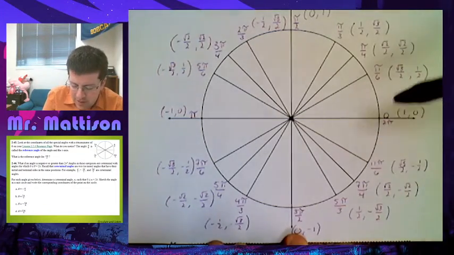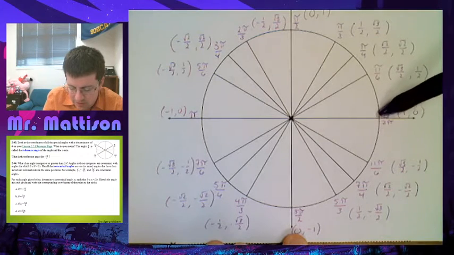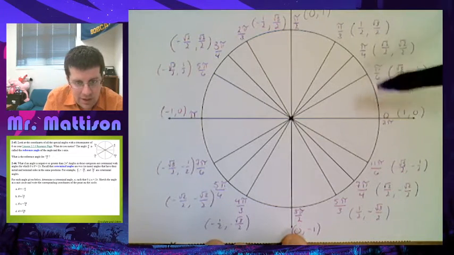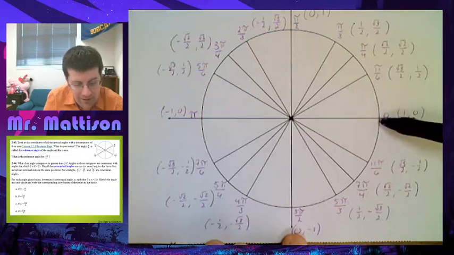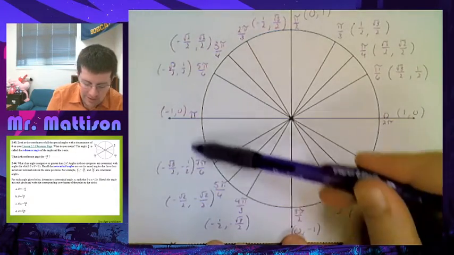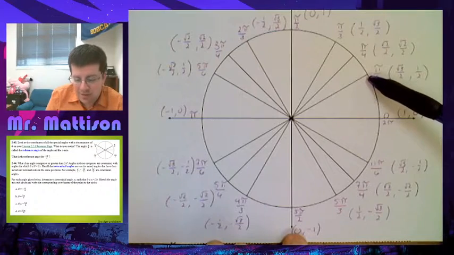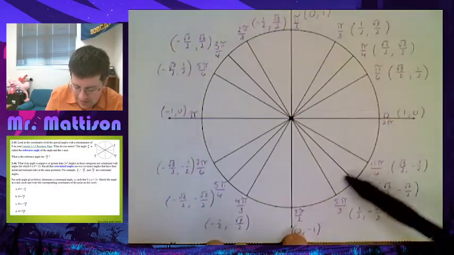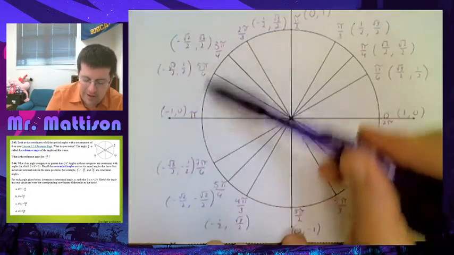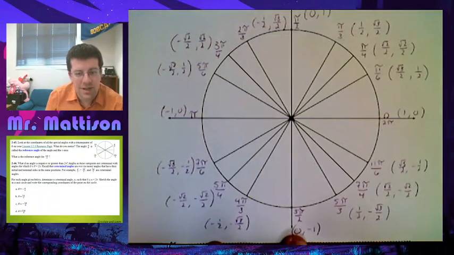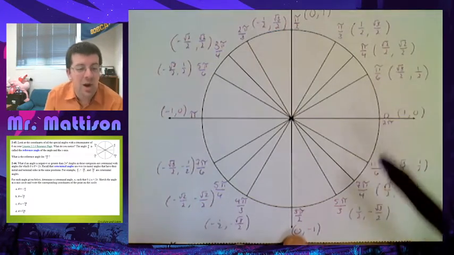So how about pi over 6? Well, I could go here, but I could also go in the negative direction. I could go all the way around here and then stop here. So that would be a negative 11 pi over 6, because it's this distance, but in the negative direction. So negative 11 pi over 6 would be the same as pi over 6.